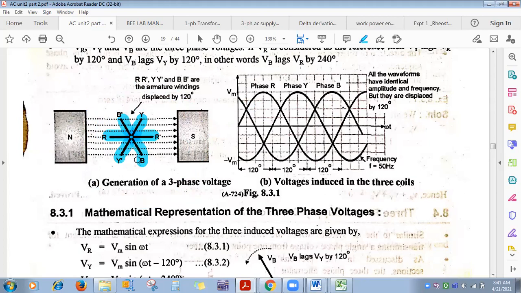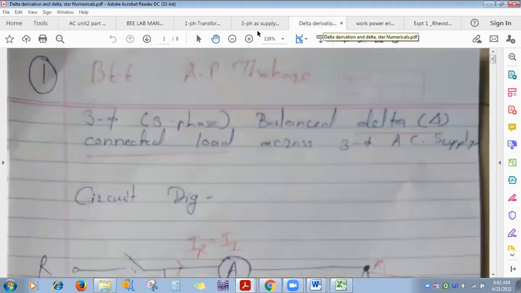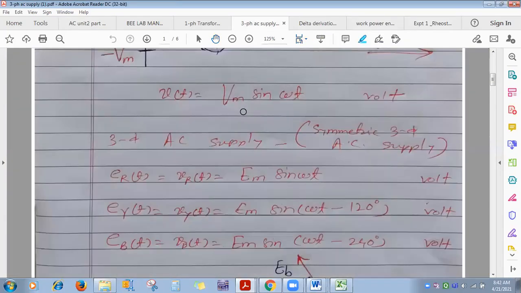Now what is done while designing? While designing a generator, they place these windings all over the rotor. In the rotor, slots are there, and in the slots they put these windings. Now these windings are so placed that whatever the nature of EMF induced in the 3 windings, it will be like this.